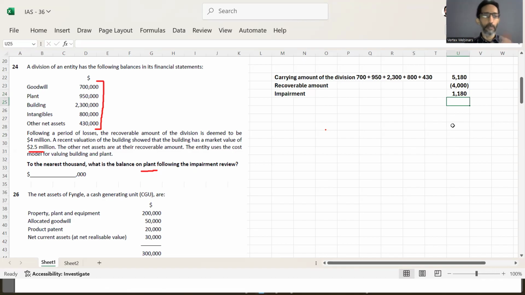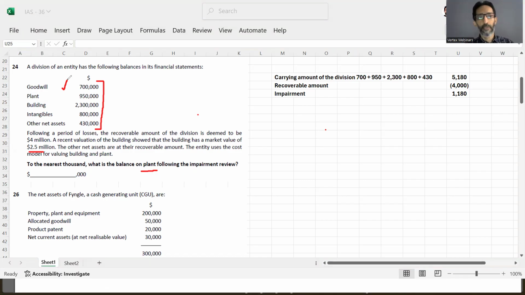Now this impairment needs to be charged, and we're going to pick the assets on which we're going to charge the impairment. According to IAS 36, the goodwill will take the maximum load of the impairment, like the goodwill will be totally gone. So first we're going to allocate or charge the impairment to goodwill.